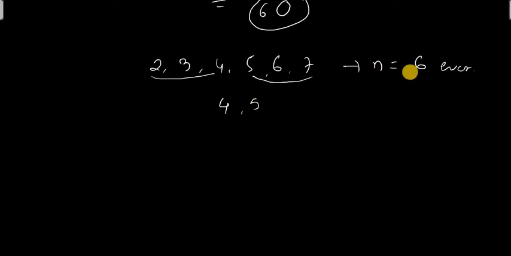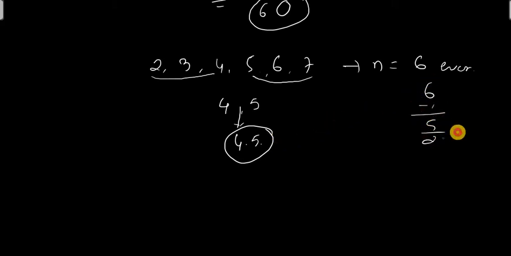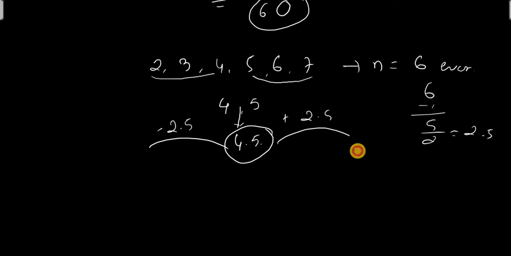Like in this case the middle numbers are 4 and 5, so the average is 4.5. The maximum to minimum: 6 minus 1 is 5, 5 by 2 is 2.5. So 4.5 plus 2.5 is 7.0. This is 7, that's why 7 is the largest number. And 4.5 minus 2.5 is 2, this is the minimum number.